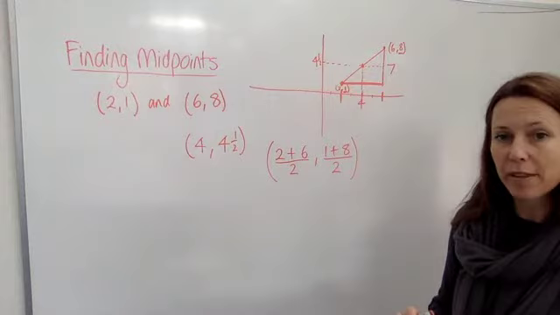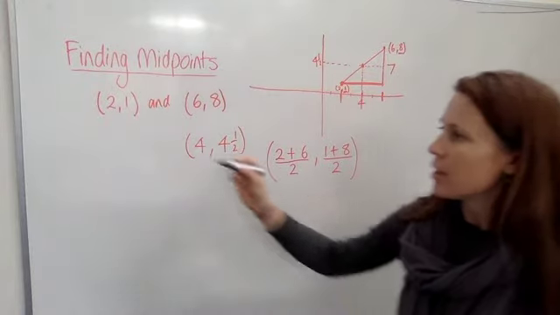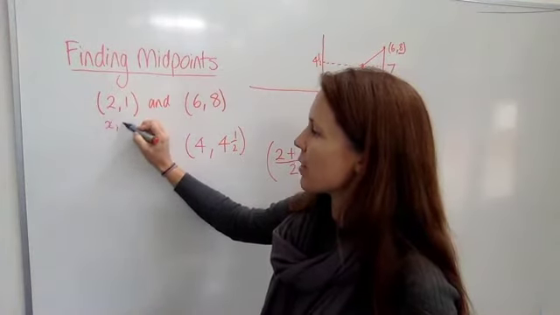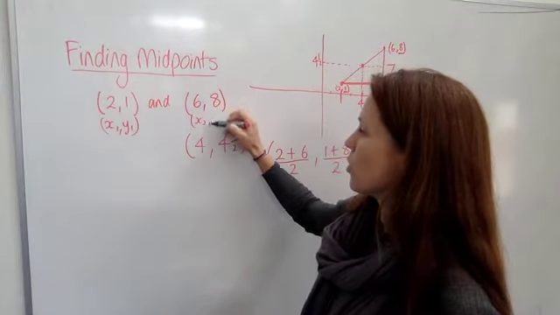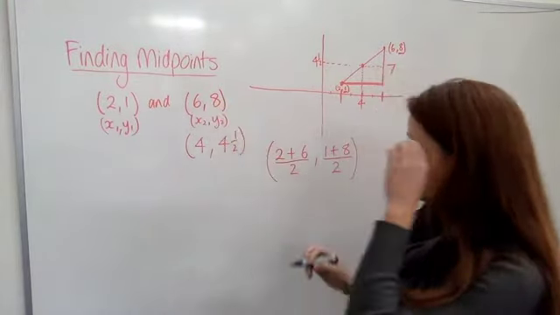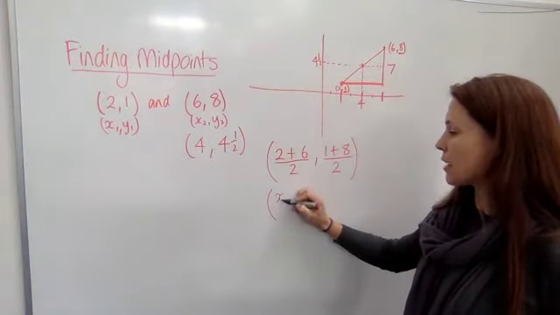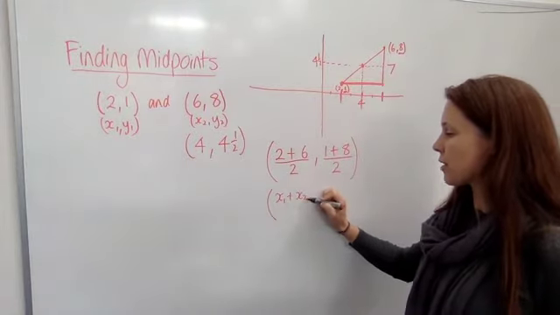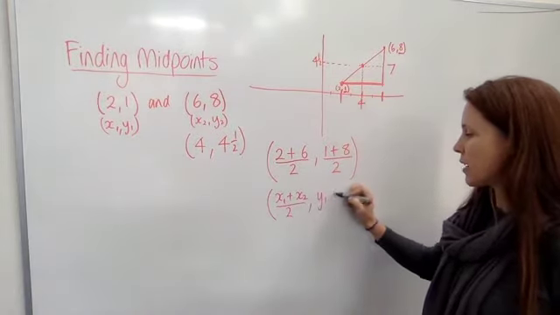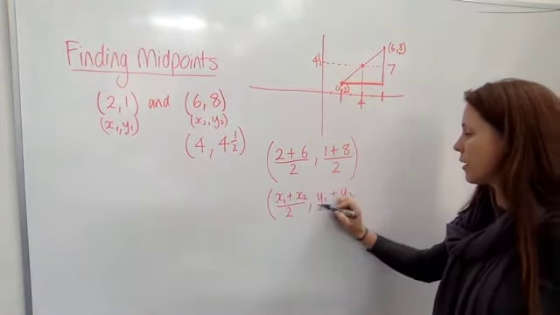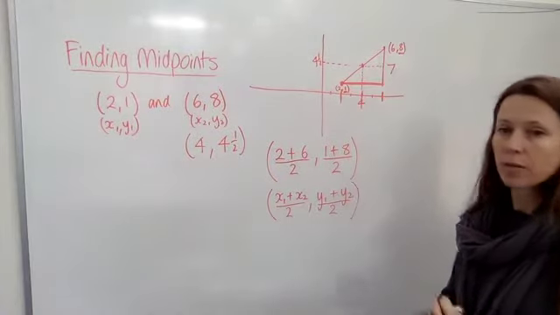Turning this into a formula that you can use quickly and easily every time, if you were to label these points as (x1, y1) and (x2, y2), then all you've really done here is you've added together your x's, x1 plus x2, and divided by 2 to average them, and then you've added together your two y's and divided by 2 to average those.